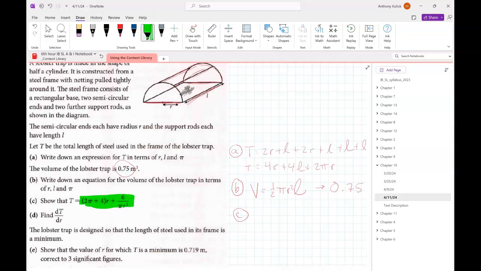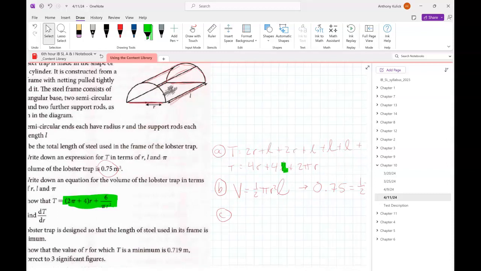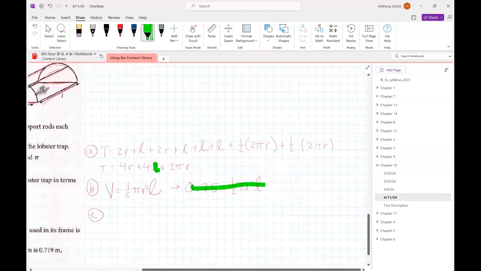What letter? L, right? The equation we had before had an L in there. Guess what I'm going to do as my first order of business? I'm going to use this equation to get L by itself and then drop it into the other one. Good with that plan? Okay.